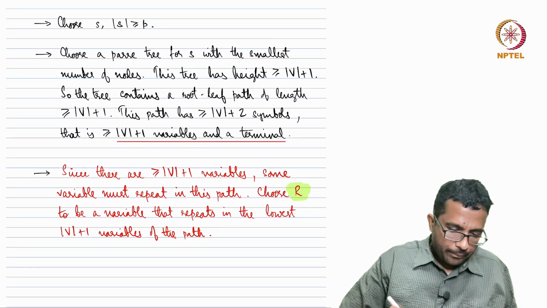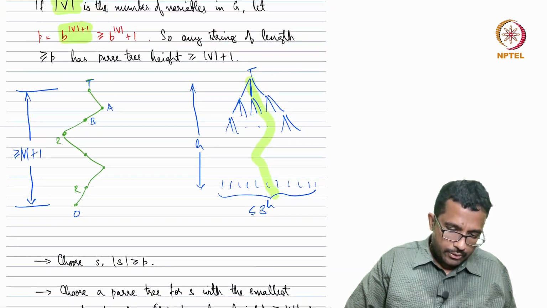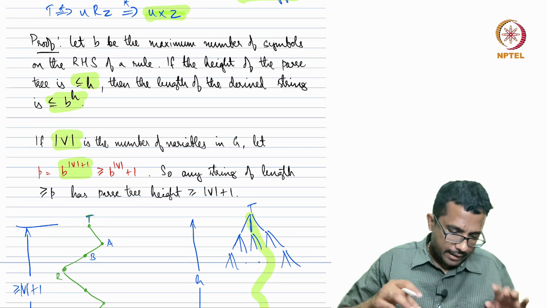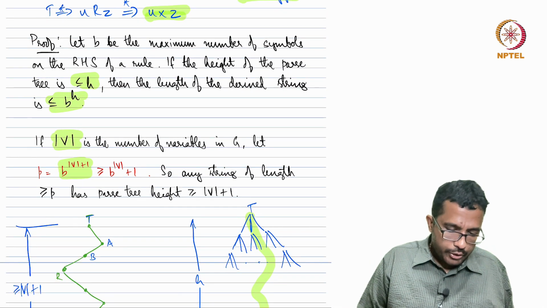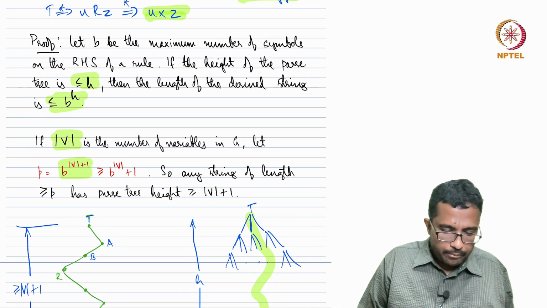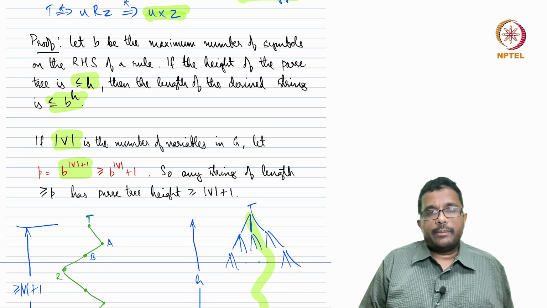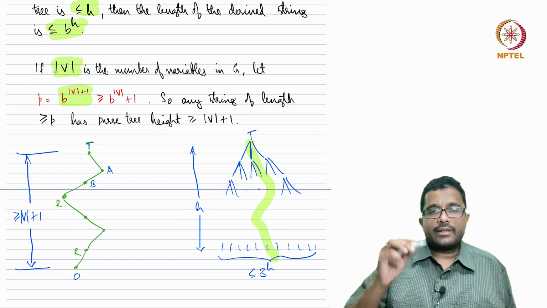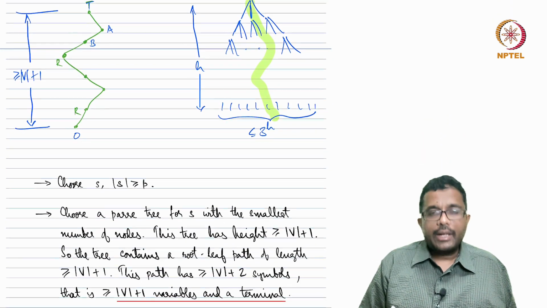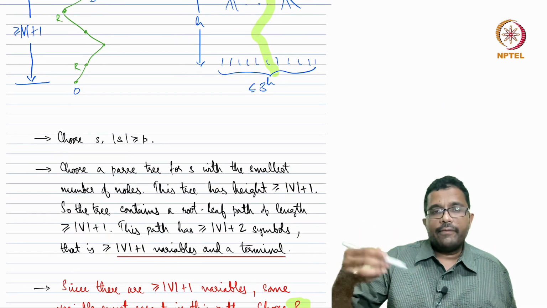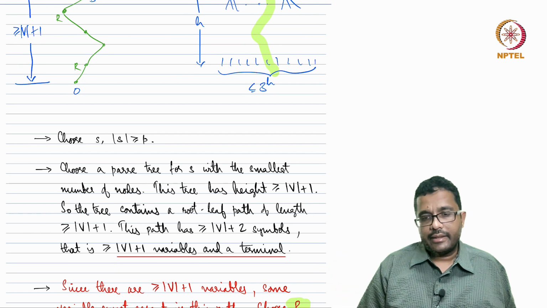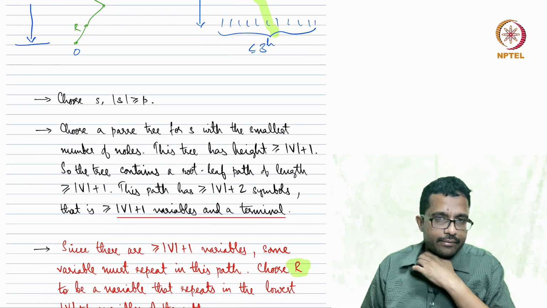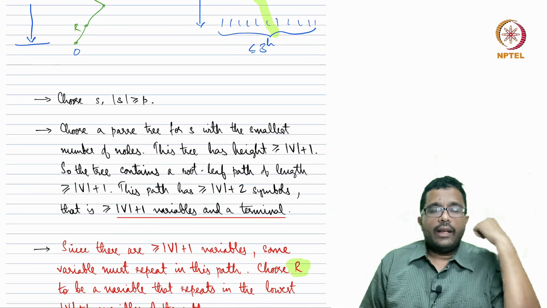So this is the key thing. Because the string is long, let me say it once again. We took a string of length at least p, where p is b power v plus 1. Because the string is long, the height of the parse tree is at least v plus 1, and because the height of the parse tree is at least v plus 1, some variable is there that repeats, and let that variable be r.